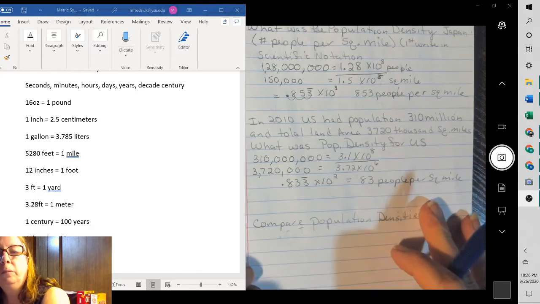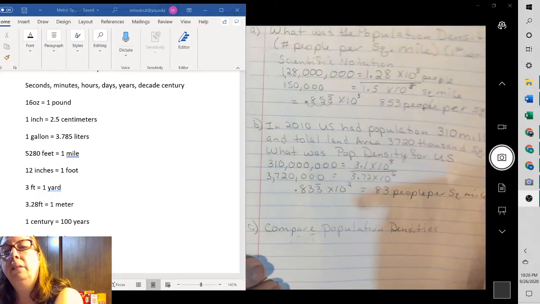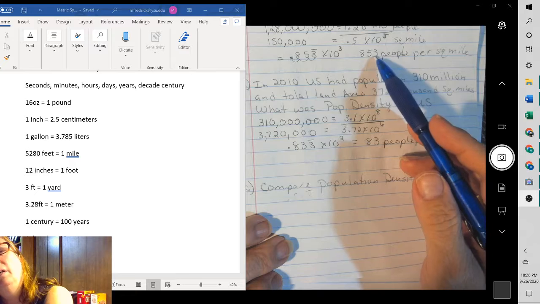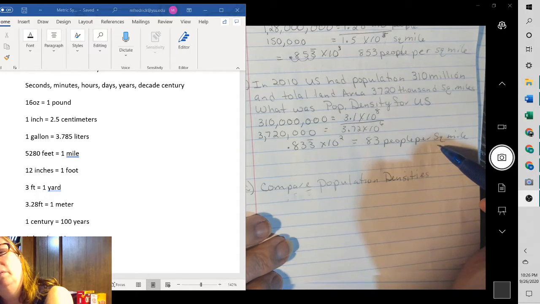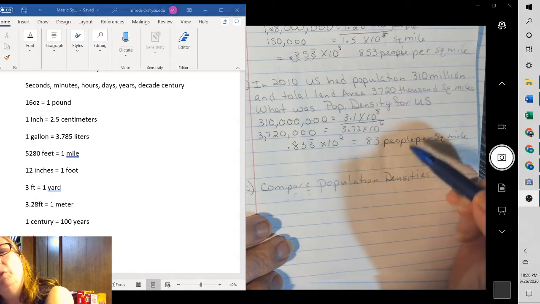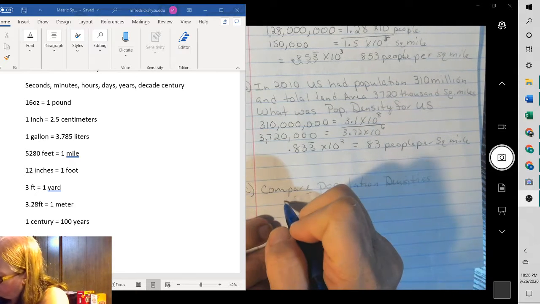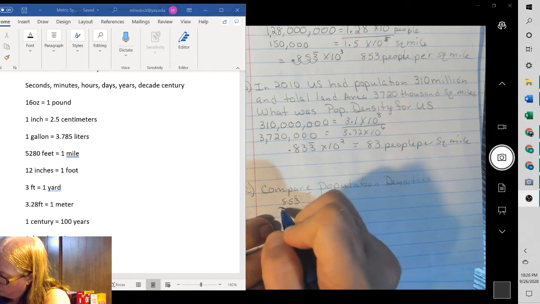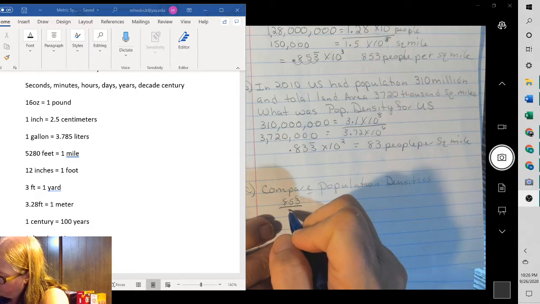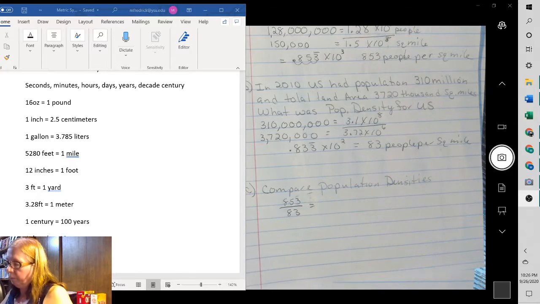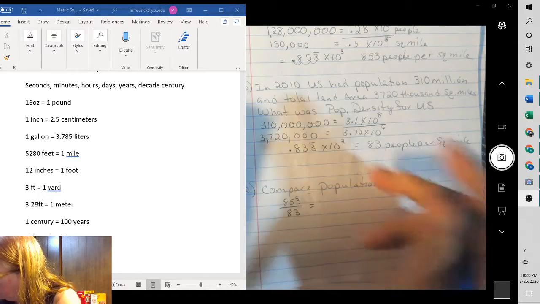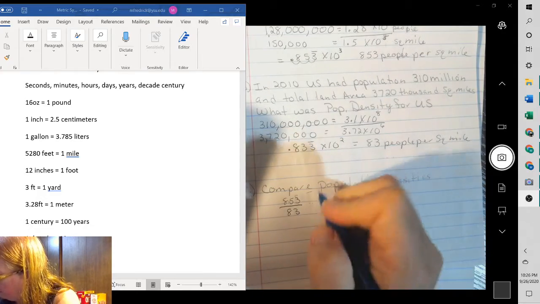When you're comparing the population densities, we can tell that there's definitely a lot more people per square mile in Japan. You can also rate them as a proportion. If we put Japan on the top and the US on the bottom, it's approximately 10.